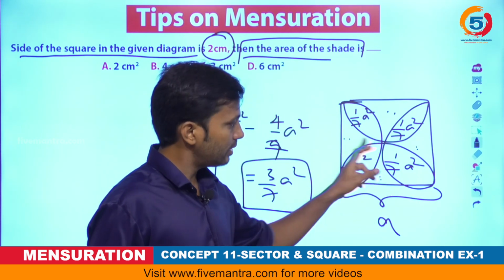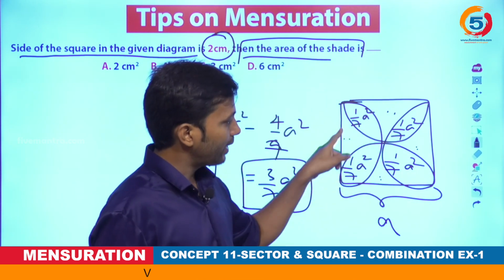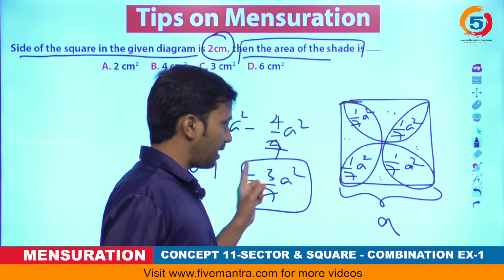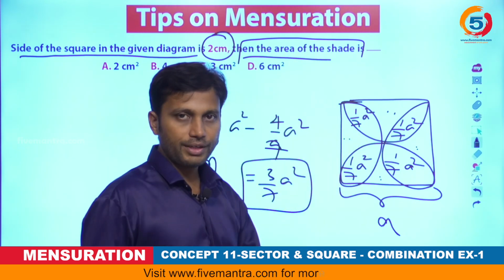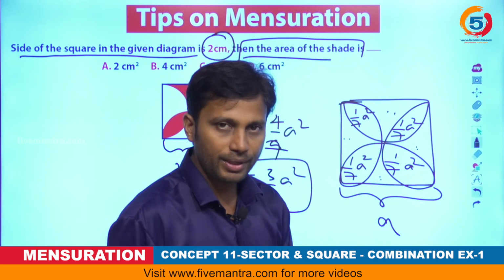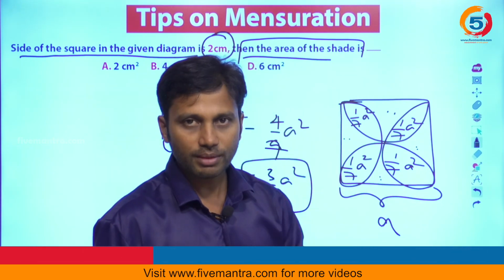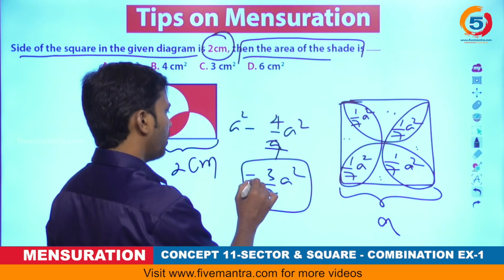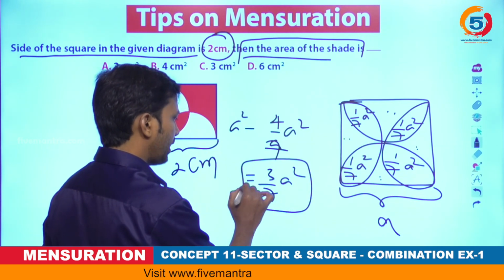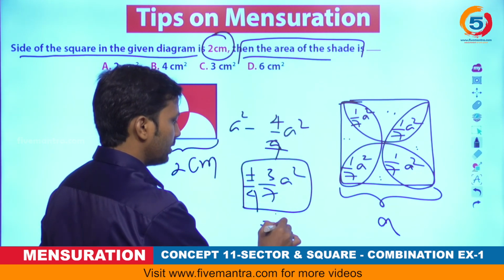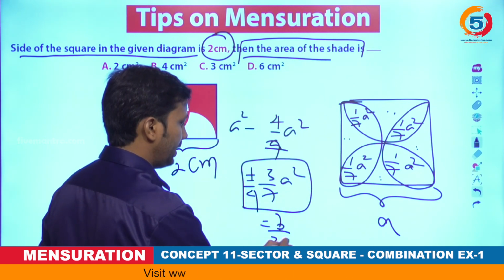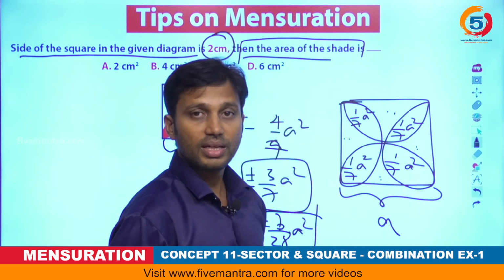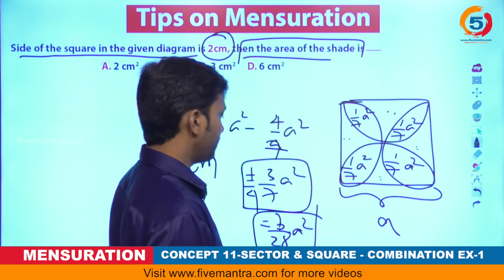Now the total area of the 4 gaps is 3/7 a². Then if you divide into 4 equal parts, each one would be 1/4 times of that, or not. So what is each gap value? 1/4 times of this, 1/4 means what? 3/28 a². Is that right or not? 3/28 a².